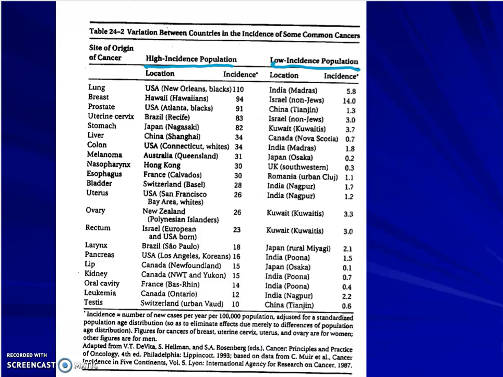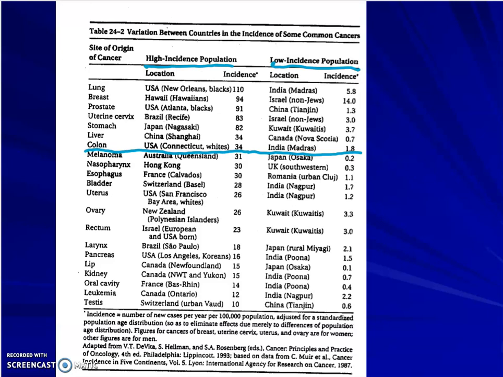Let's take colon cancer. So here we have colon cancer, high incidence population, and this is the incidence per 100,000 of the population. 34 for the United States, and the low incidence population over here, they're in India, and it's 1.8. So why is that? It's all humans. How come there's such a big difference?